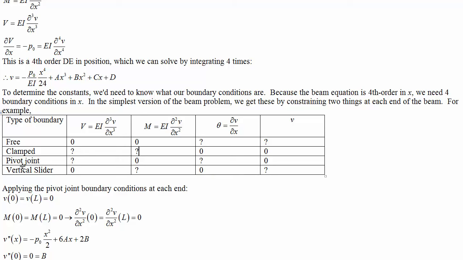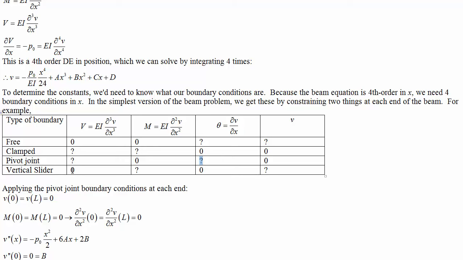A pivot joint, like the ones shown above, applies whatever shear force is necessary to stop position, but it can't apply moment and consequently can't constrain the angle. The opposite of that would be a vertical slider. So this is one where it's kind of clamped, but then can slide up and down.